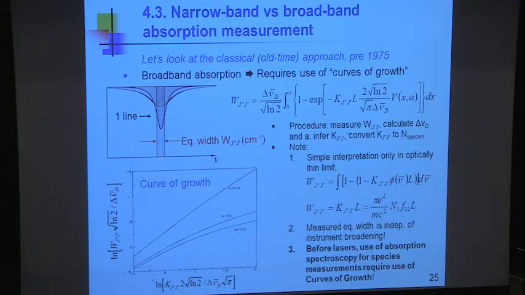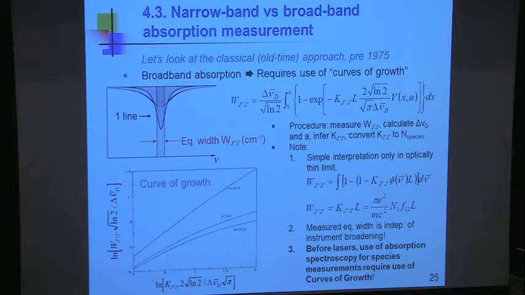People reported the curve of growth, and they calculated what the equivalent width would be, normalized equivalent width, normalized by the Doppler width. So you basically specify the transition you want to study, you take the spectroscopic parameters, and you calculate the equivalent width as a function of the Voigt parameter A. Then if you measure the equivalent width and you know A, you're done.